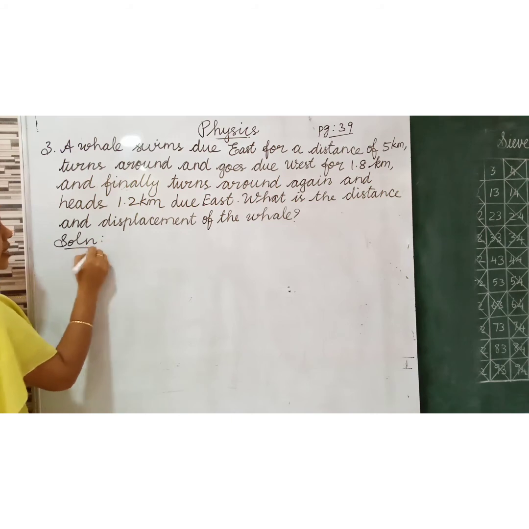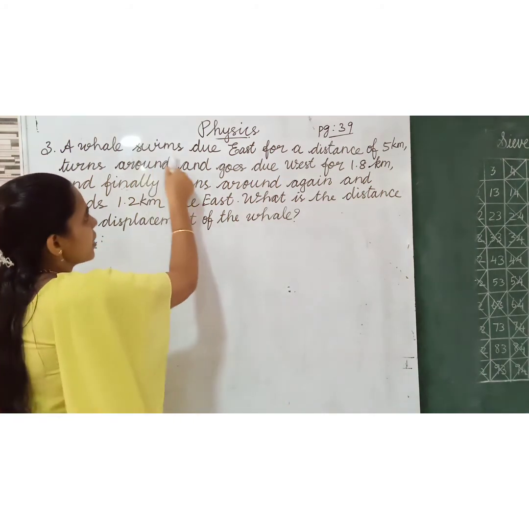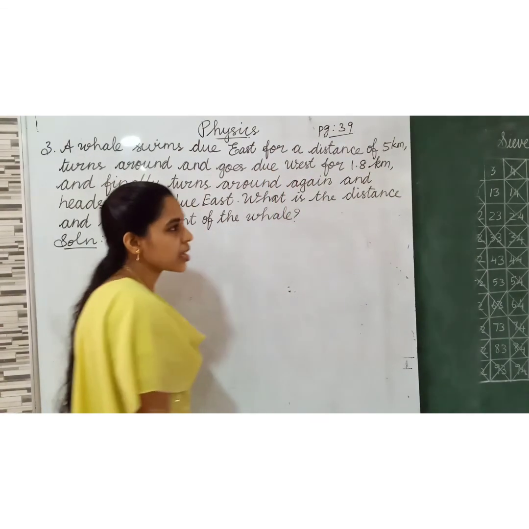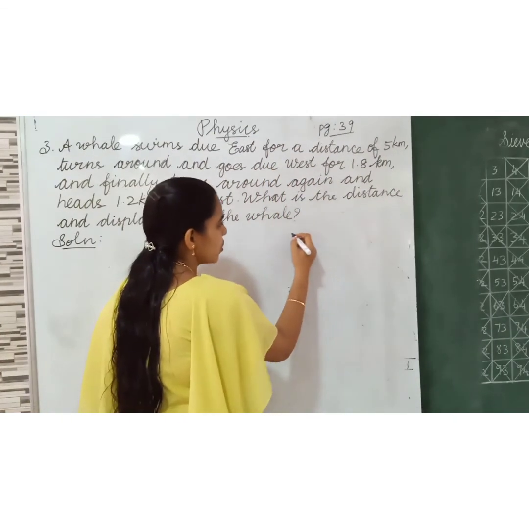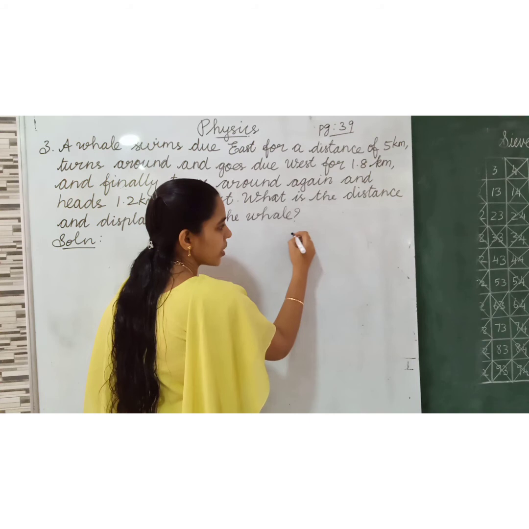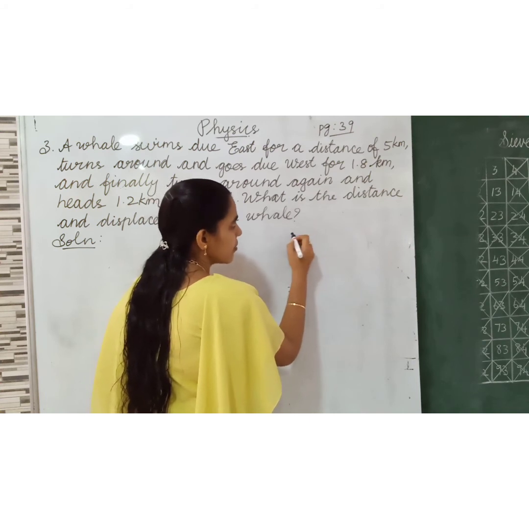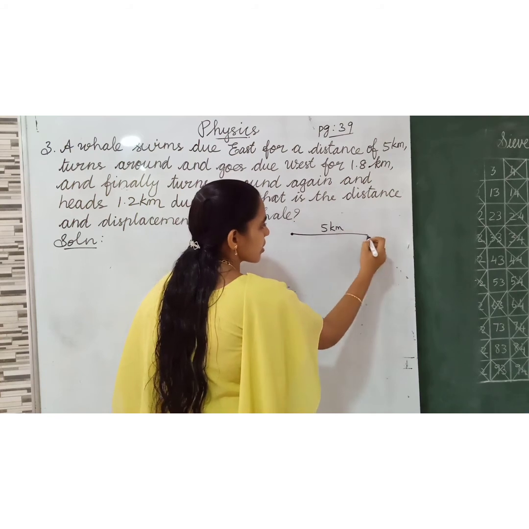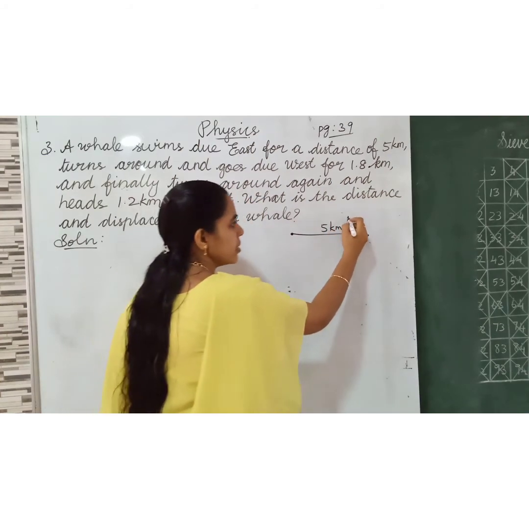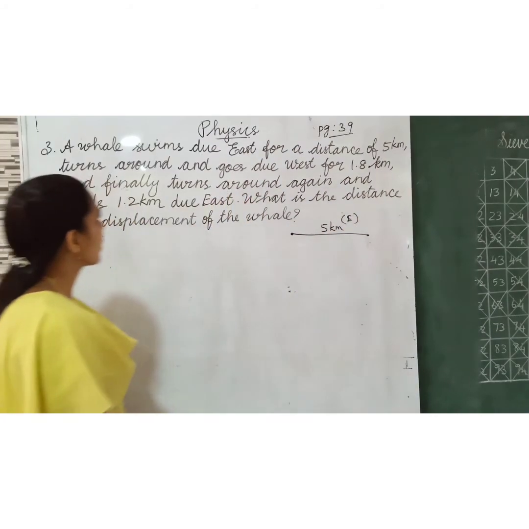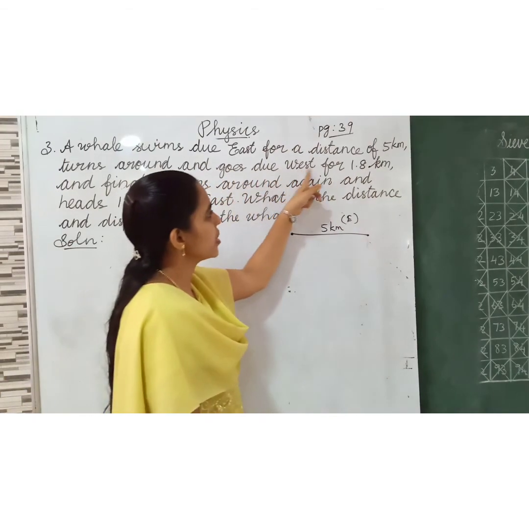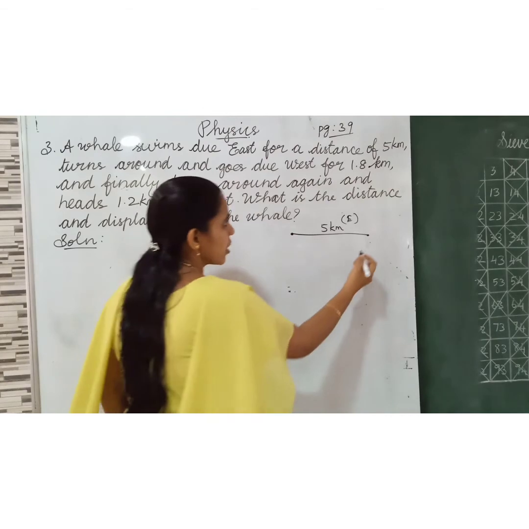How to find the distance? Listen here. The whale swims due east for a distance of 5 kilometers. So here the whale is here. From here it moves 5 kilometers east.